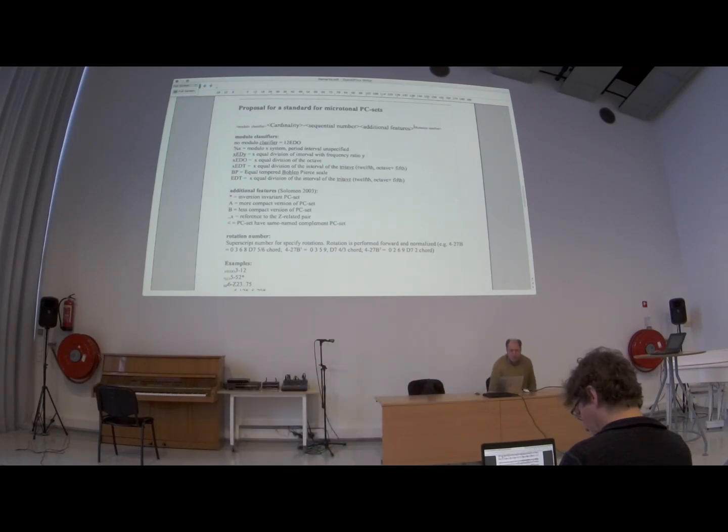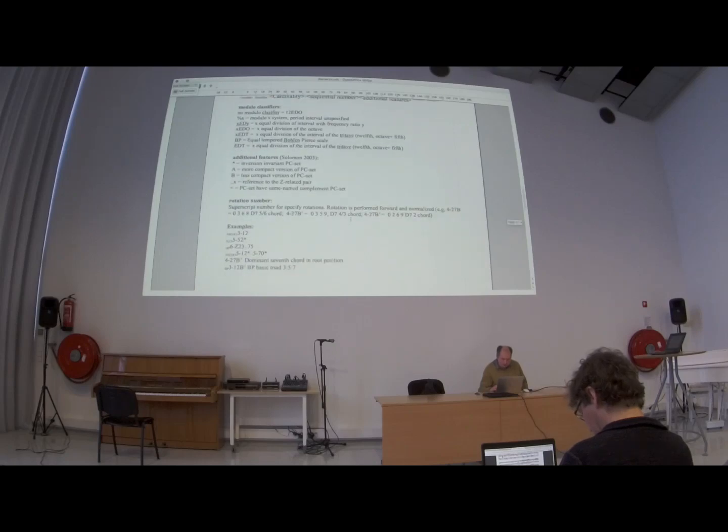So then I propose that would be maybe. It's not yet the standard, only standard for myself, and the standard for myself is not the standard. So I will mark that with the rotation number as a superscript. And here, as a modulo classifier, we can use these EDO numbers or just modulo.